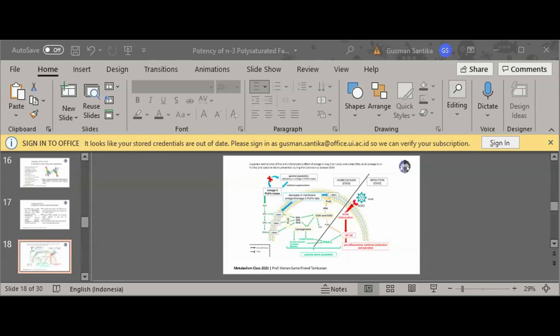So what is the advantage of omega-3? I think as long as we eat a balanced supplement of omega-3 and omega-6, it will be okay.